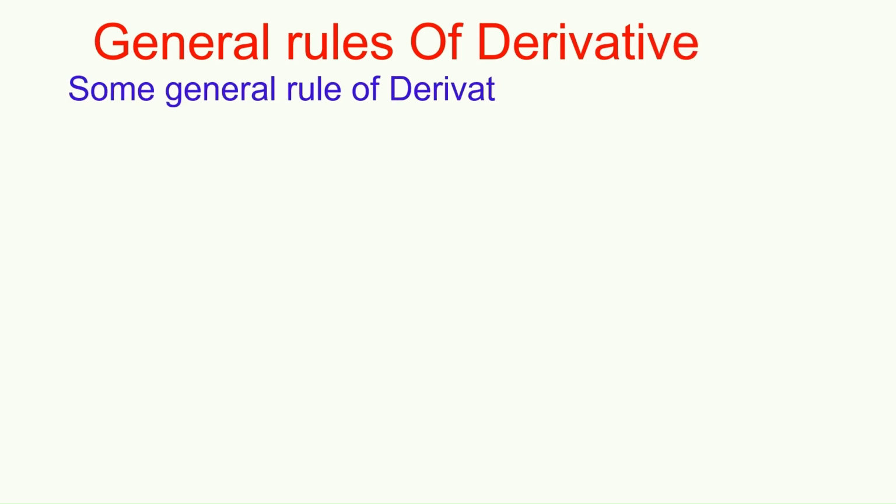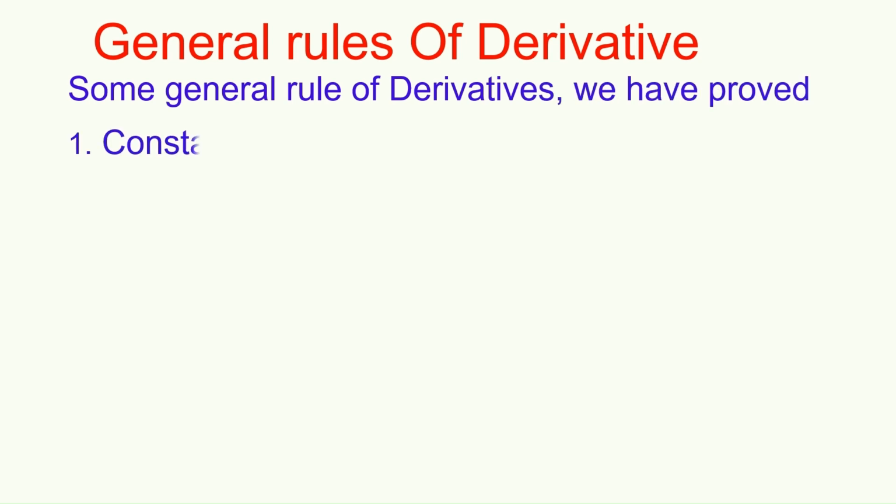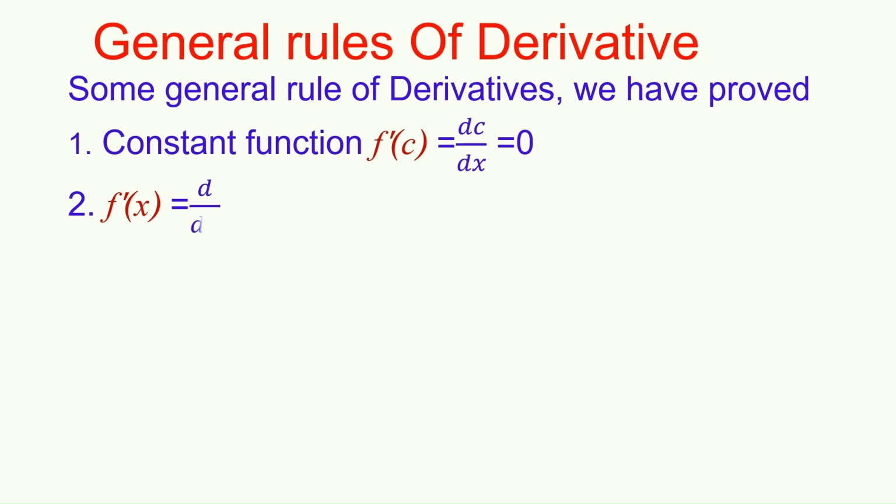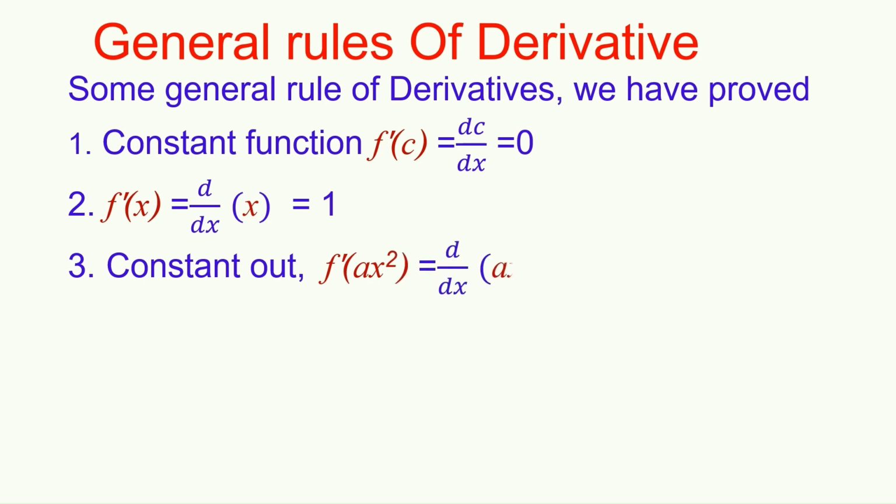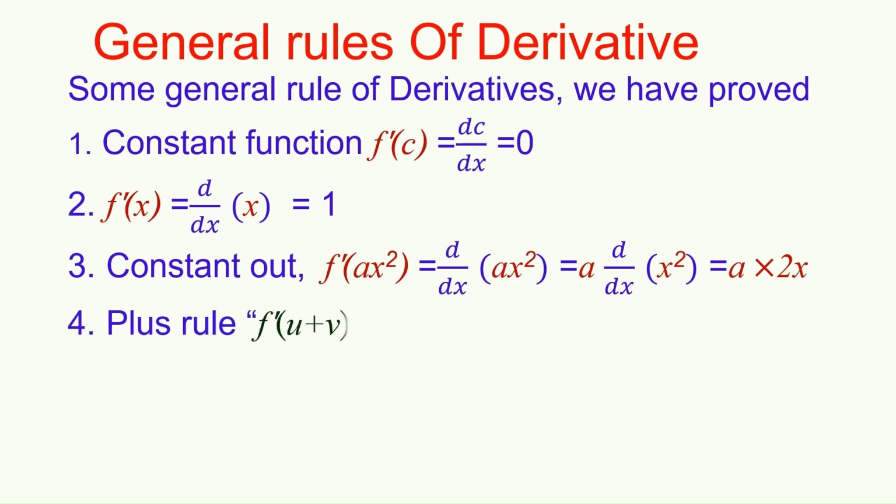General rules of derivative. Some general rules of derivatives we have proved are summarized here. 1. Constant function f of constant c, or y equals c, therefore dy dx equals 0. 2. y equals x, therefore dy dx equals 1. 3. Constant out: f dash of a times x squared equals a times 2x. 4.